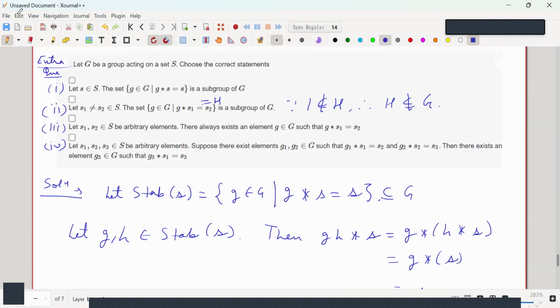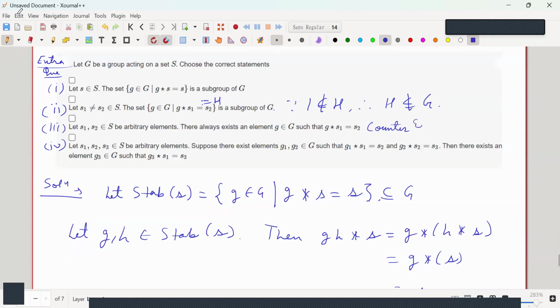Let s1, s2 be arbitrary elements. There always exists an element g in capital G such that g star of s1 is the same as s2. Again, this is not necessarily true. So, in the assignment, it was seen that when we take conjugation, this statement doesn't hold true.